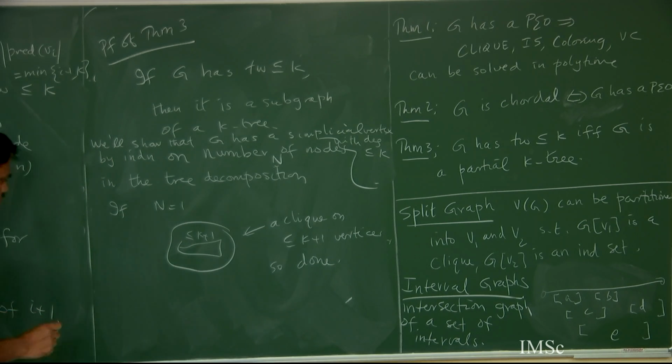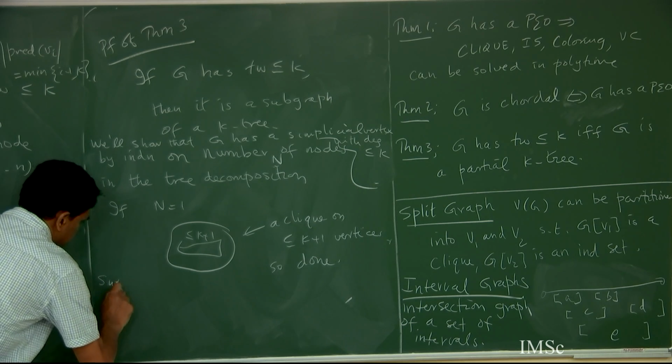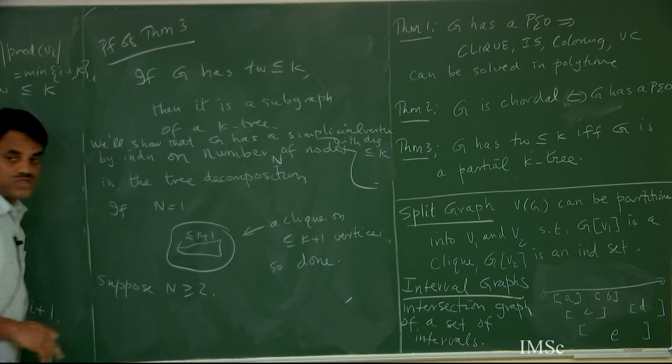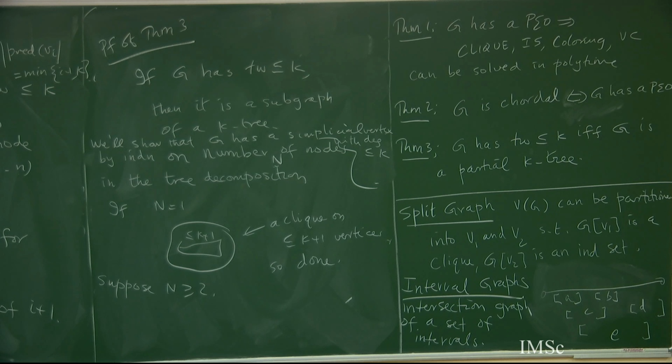So assume n is the number of nodes in the tree of the tree decomposition, right? So go to a leaf.